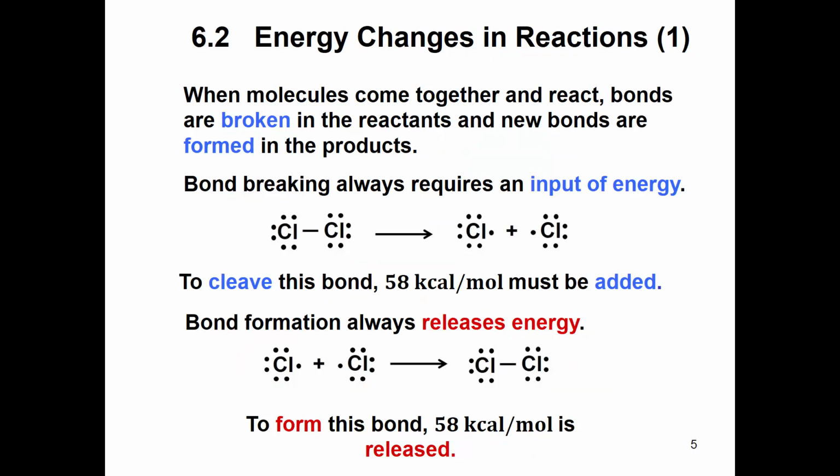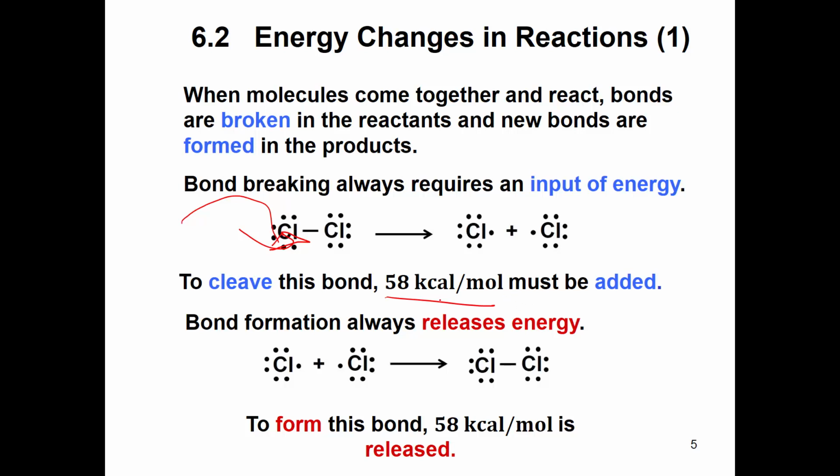So when we put molecules together and they react, basically what we're doing is breaking bonds in the reactants, and then forming new bonds in the products. When we break bonds, typically we have to put energy into the system. Breaking the bond in chlorine, for example, takes 58 kilocalories per mole to break the bond between the two chlorine atoms.